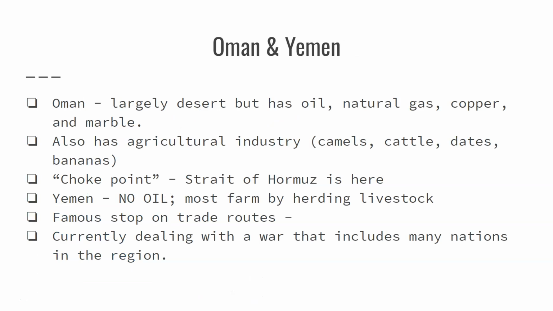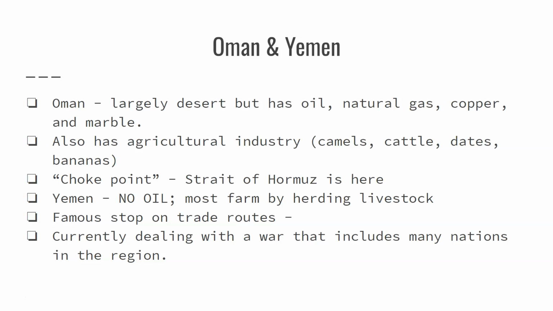All right, looking at Oman and Yemen next. Oman, largely desert, does have oil, natural gas, copper, and marble as well. You'll also see there's an agricultural industry here, certainly the domestication of camels and cattle, as well as dates and bananas. A lot of that would be using, like we've talked about already in this unit, drip irrigation in order to cut down on evaporation.